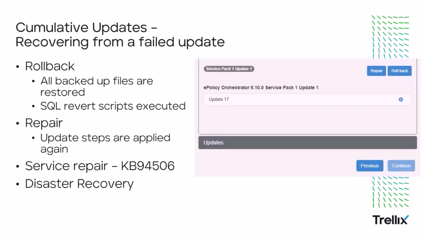Oftentimes, this fixes a problem where the services are missing or don't start, very quickly and easily, if you encounter a situation after a failed rollback. So keep that KB in mind. And lastly, if all else fails and we can't get the EPO server back up and running, it might be necessary to perform some sort of disaster recovery, and that's the section that we'll talk about next.